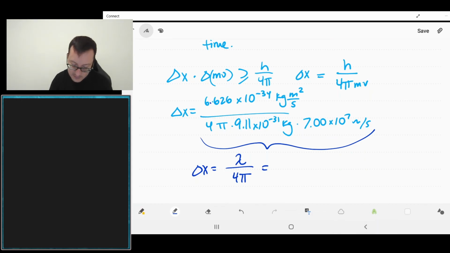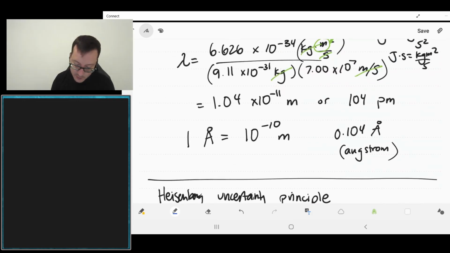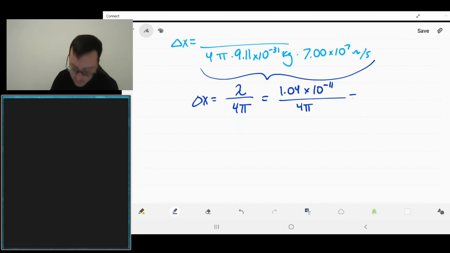So if we do this, what was our answer? We had 1.04 times 10 to the negative 11 over 4 pi. This is kind of going to be a bad example, I realize, but that's okay. So take this number divided by 4 pi.